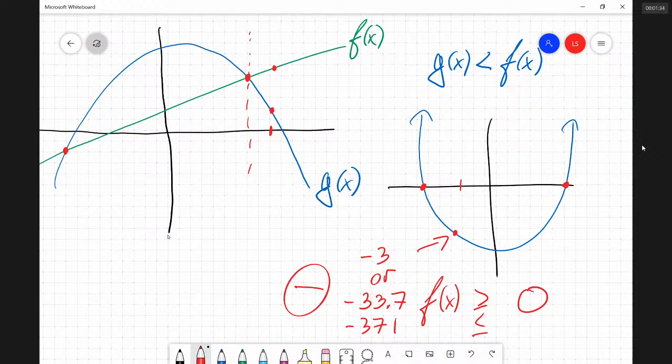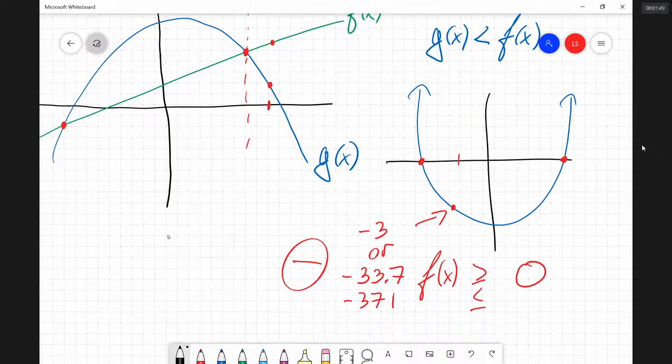Comparing to 0 is much, much easier than comparing two values, because when you're comparing two values, you have to find each value and then make a decision which is the bigger or which is the smaller value.